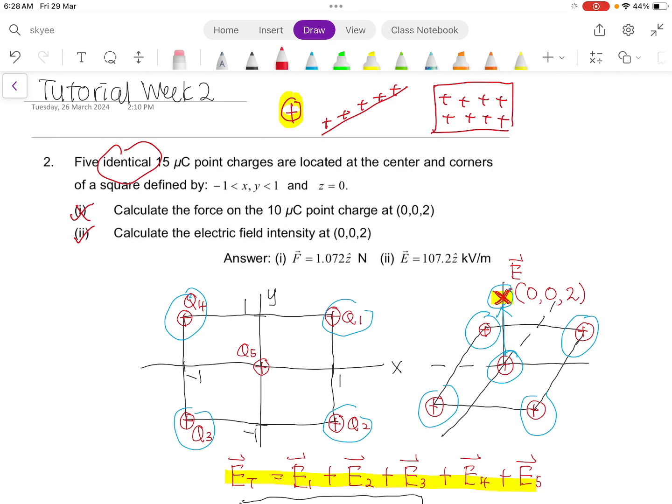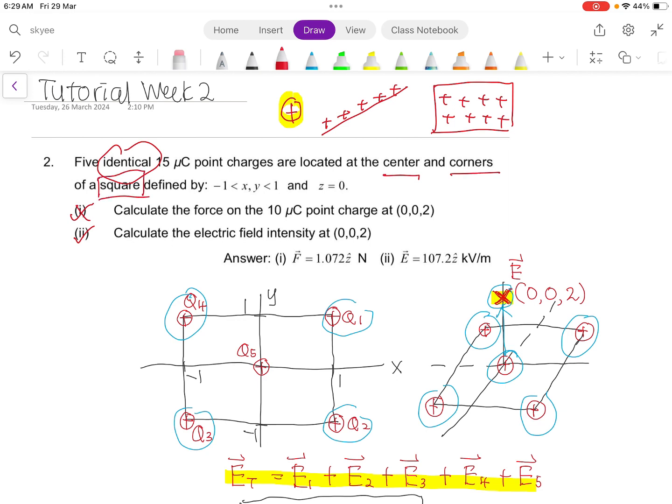First of all, let's look at question number 2 in your module. Now you have 5 identical, meaning the same, 15 microcoulomb point charges located at the center and also the corners of a square.